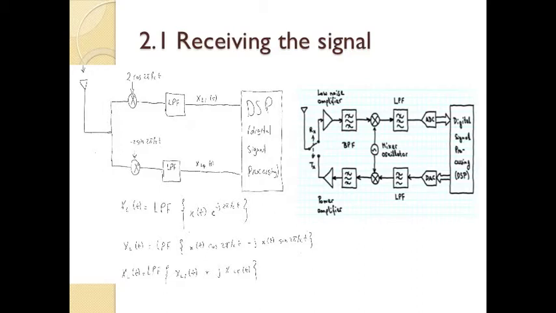Then we low pass filter it in order to get rid of the noise in the system and other signals that are undesired. And we can see the equivalent circuit shown in the slide.